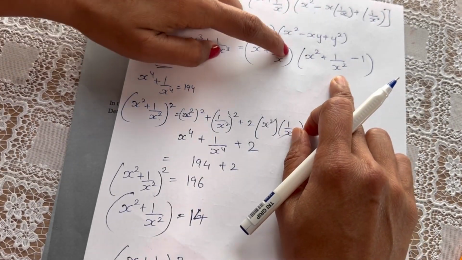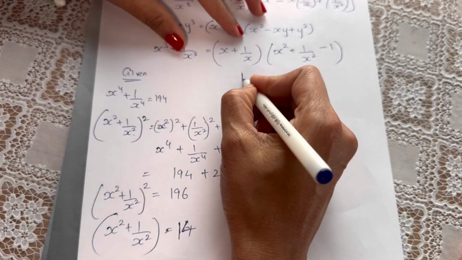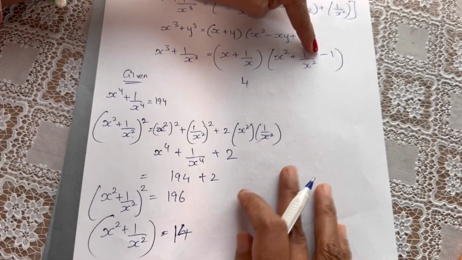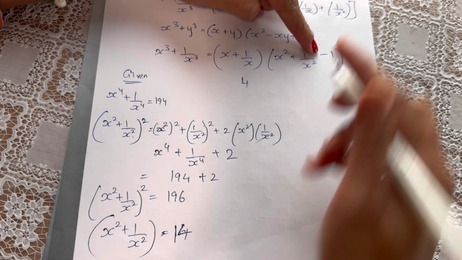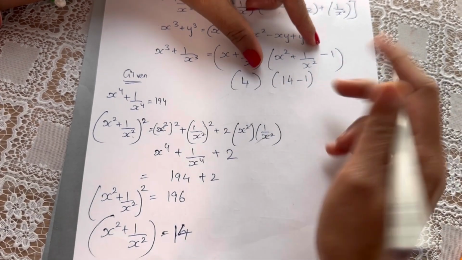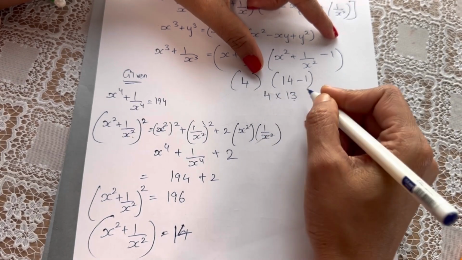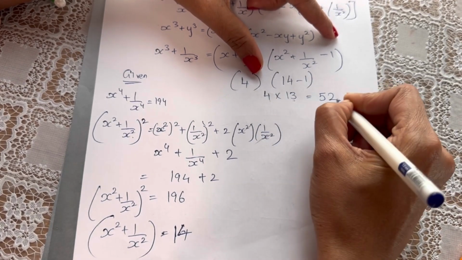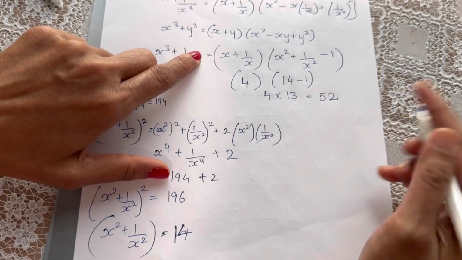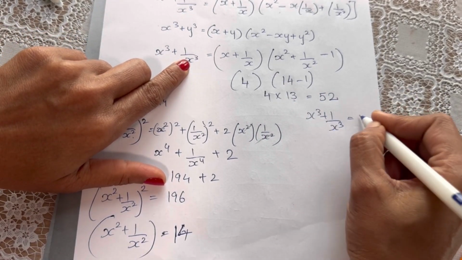So x + 1/x is 4 and x² + 1/x² is 14. And 14 minus 1 is 13. 4 into 13 is equal to 52. So here x³ + 1/x³ is equal to 52.